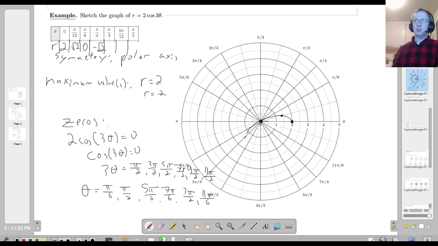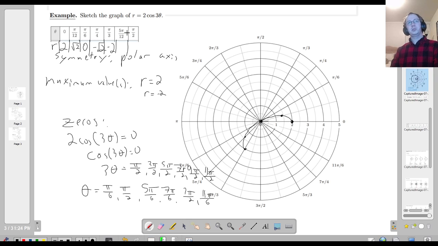Now it looks something like that. Let's try pi over 3. Pi over 3 times 3, that's pi. Cosine of pi, negative 1. Multiply that by 2, negative 2. So instead of going pi over 3 and then out 2, I'm going to go the opposite direction, 2. I'm starting to connect my dots. Got some kind of weird oval looking thing maybe. Not sure yet. Let's keep going.